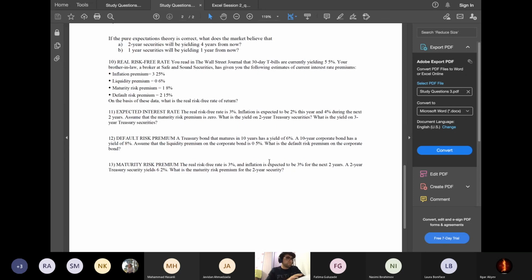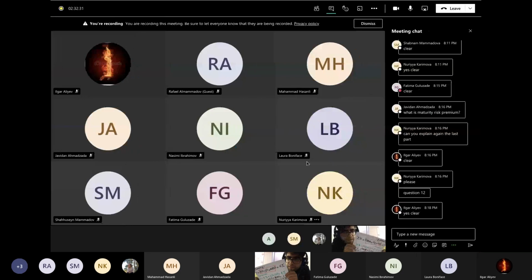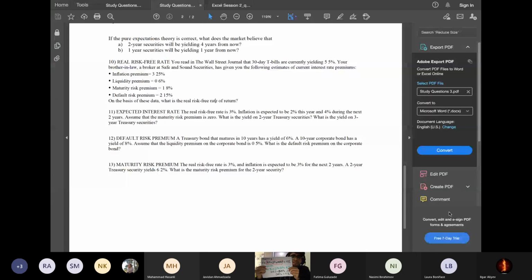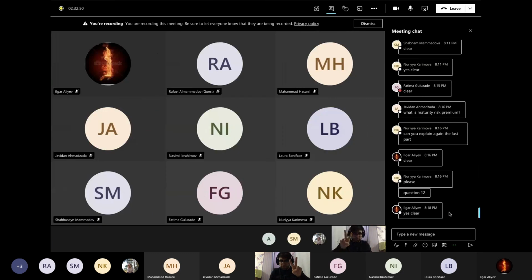Default risk premium. Nermin, Nuria, listen. The question says a treasury bond matures in 10 years, which is long-term treasury, and 10-year corporate bond has a yield 8%. We have two long-term bonds, treasury and corporate. As we said, treasury long-term has risk-free rate plus inflation and plus maturity.